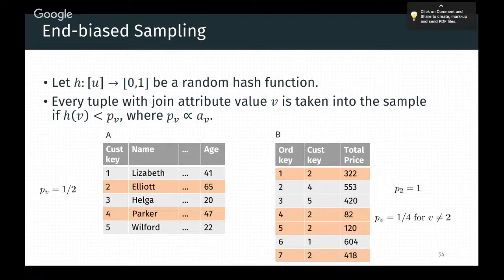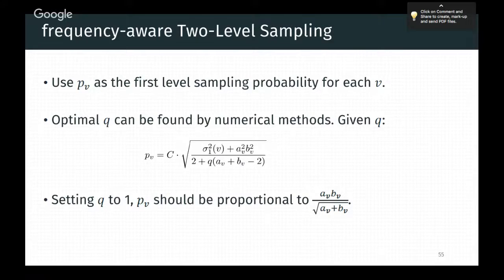So unbiased favors values with higher frequency. In this way, we can also develop our frequency-aware two-level sampling, where we use p_w as the first-level sampling probability for each value w.